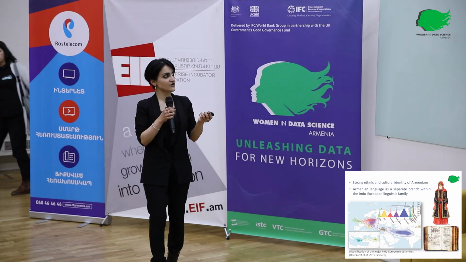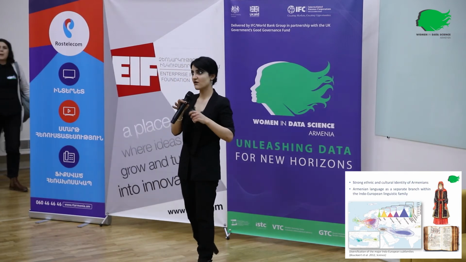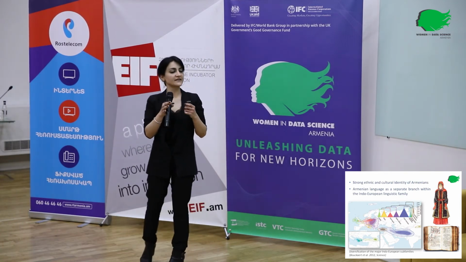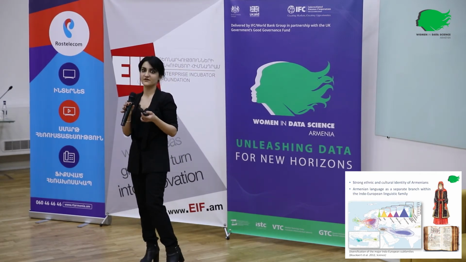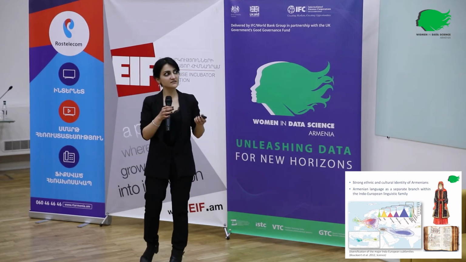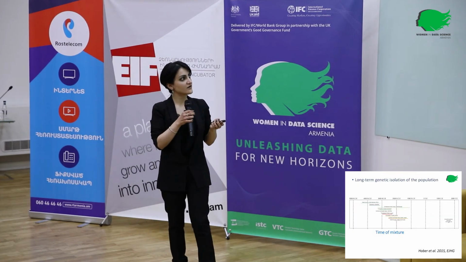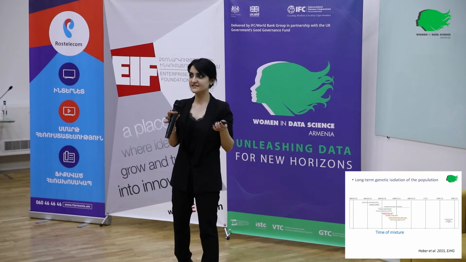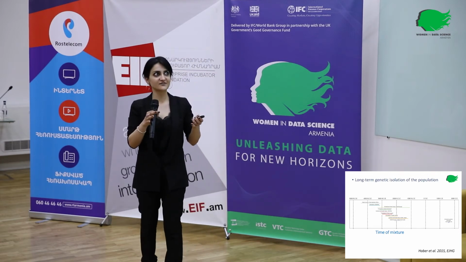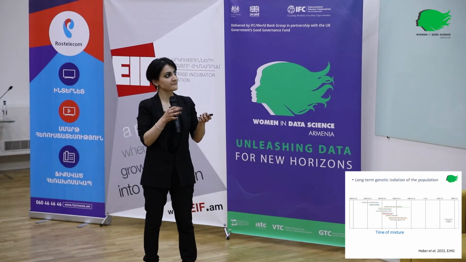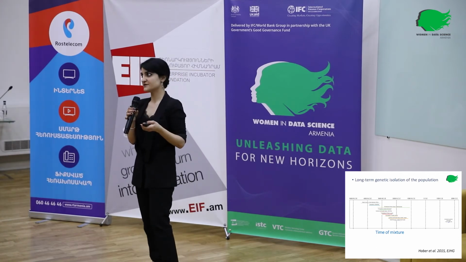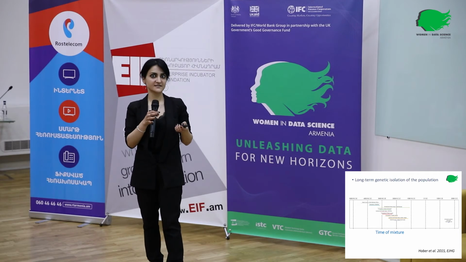So basically all these factors were conducive to the genetic isolation of Armenians. And according to recent studies, we genetically formed about 4,000 years ago. And after that, we stayed genetically isolated.